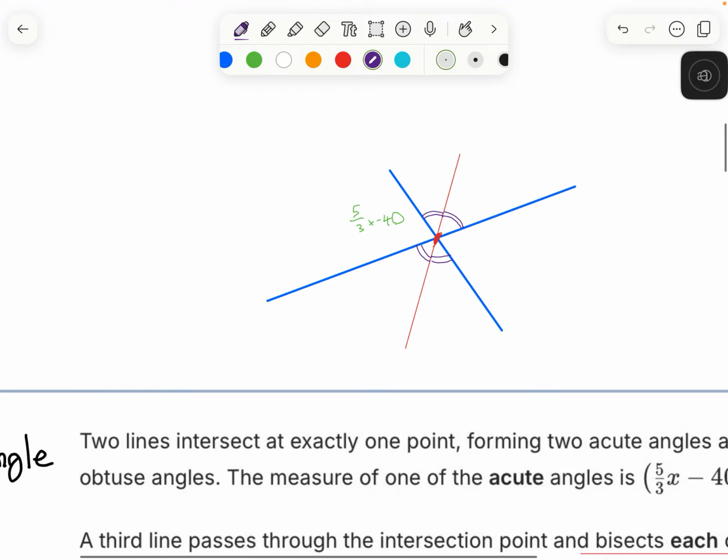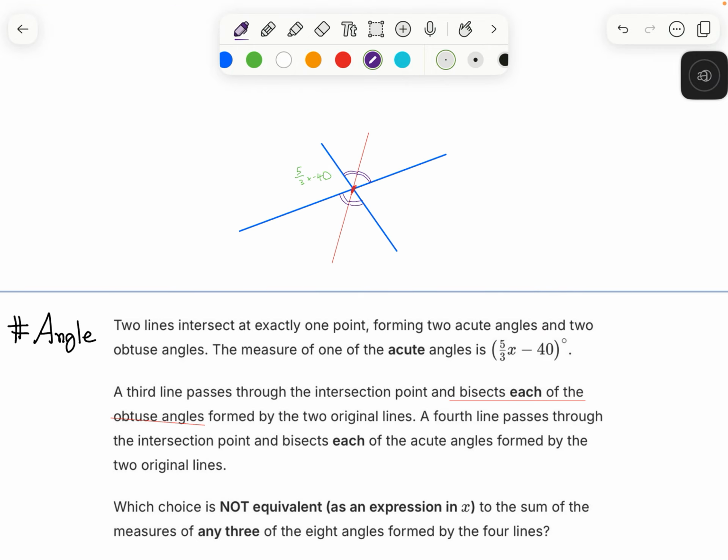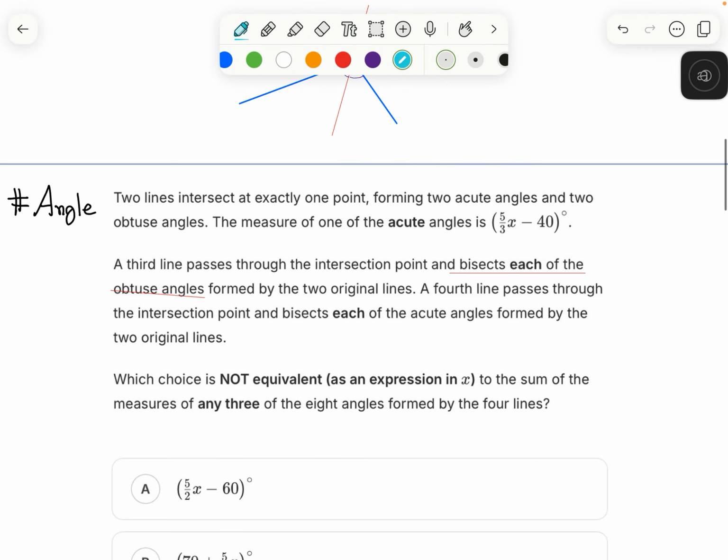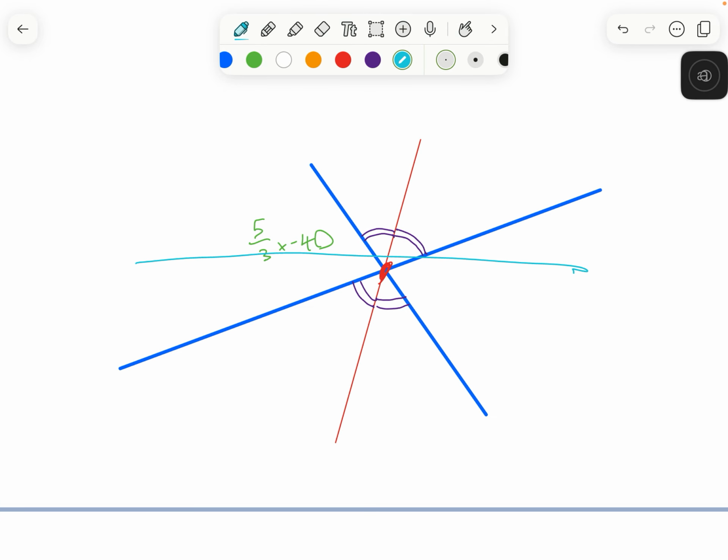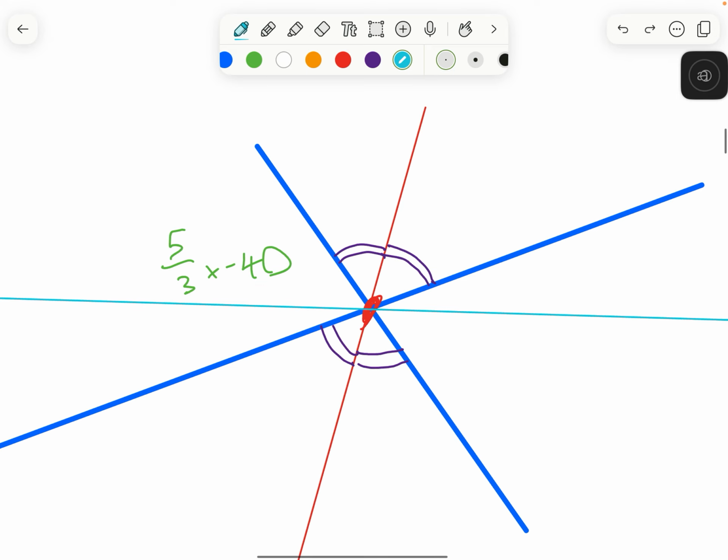Okay, so now finally we have a fourth line that passes through the same intersection point and it bisects each of the acute angles. So that fourth line once again passes through the intersection, but this time it bisects the acute angles. That's the acute angle. And of course that means that these angles are congruent.